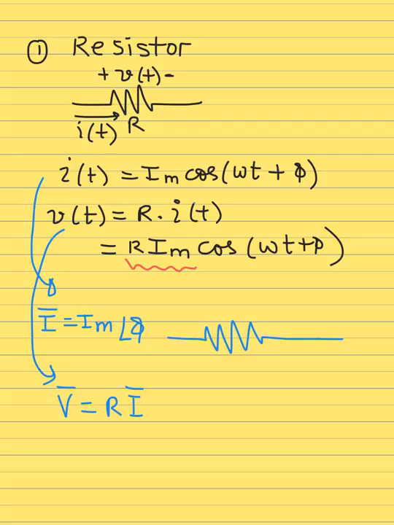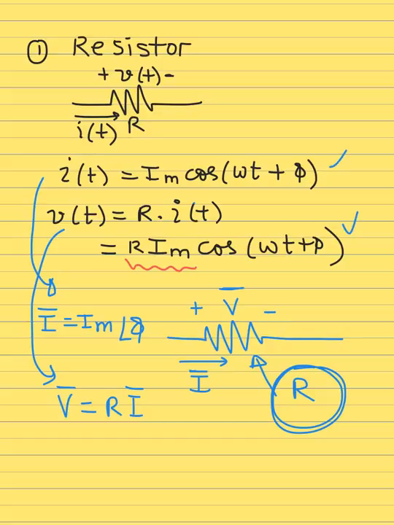So that means if you have voltage in phasor form and current in phasor form, the value of the resistance remains R as it is. So in case of a resistor as an element, its value from time domain to phasor domain remains the same, R ohms.